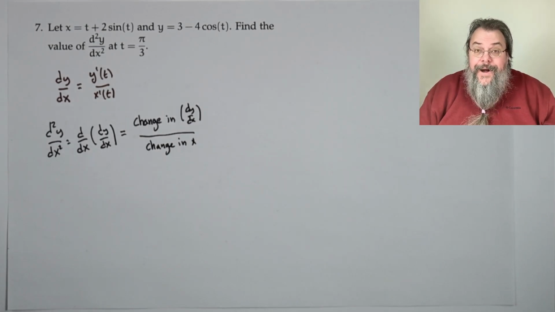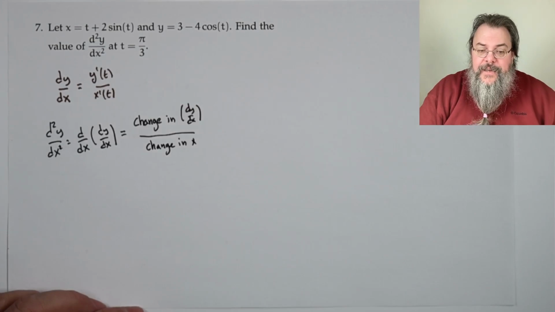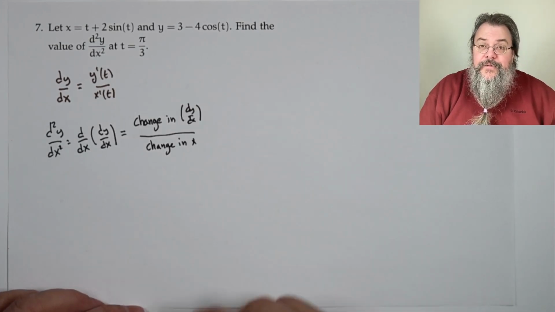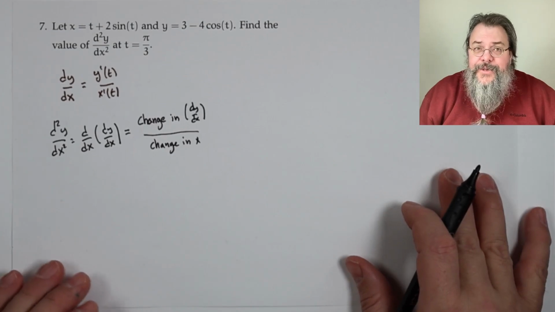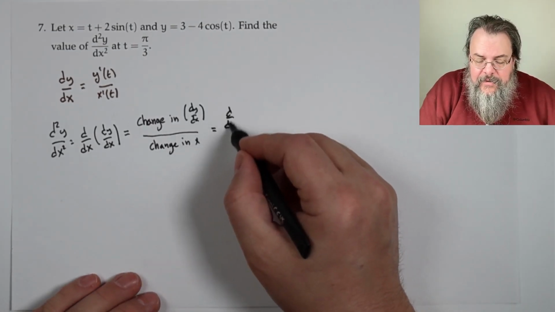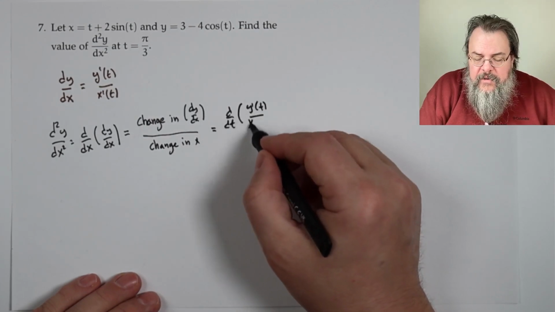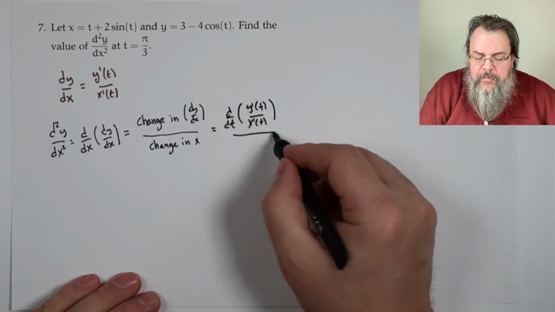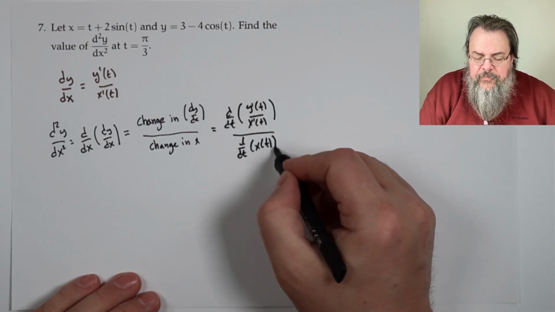And we say, aha, we know what dy dx is in terms of t. And we know what x is in terms of t. So this is telling us the following. And change, of course, is secret code for take derivatives. This is the derivative of y prime of t over x prime of t, divided by the derivative of x of t.